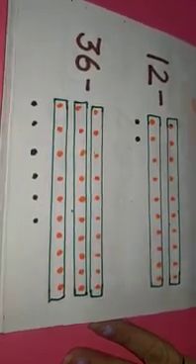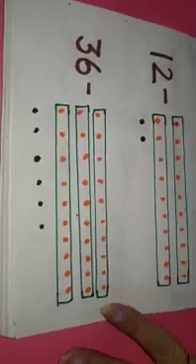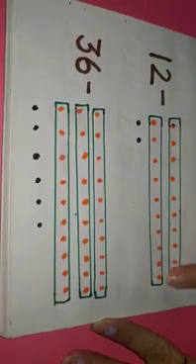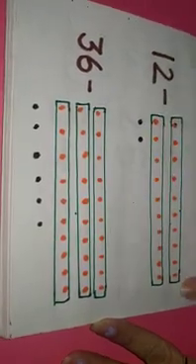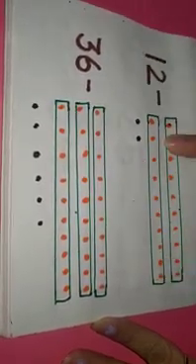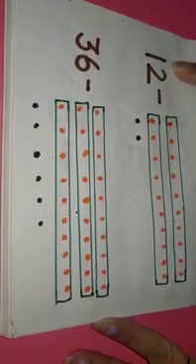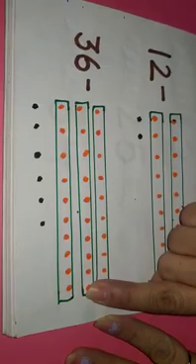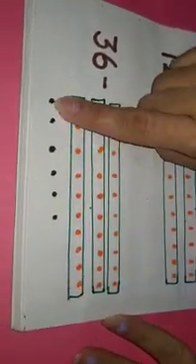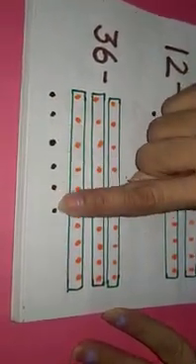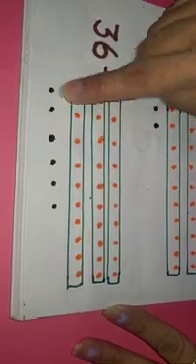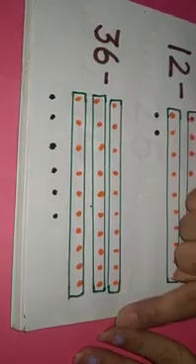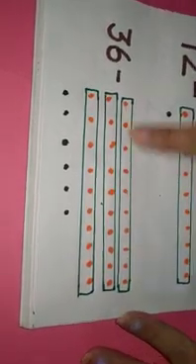But I think this was made very clear in LKG that we will not make more than 10 values in one line, because this 10 makes one bundle, this 10 makes another bundle, and 2 more makes 12. Similarly, 1 bundle of 10, 2 bundles of 10, 3 bundles of 10, and 1, 2, 3, 4, 5, 6 balls at the bottom makes 36. So never make more than 10 balls or less than 10 balls in one line.